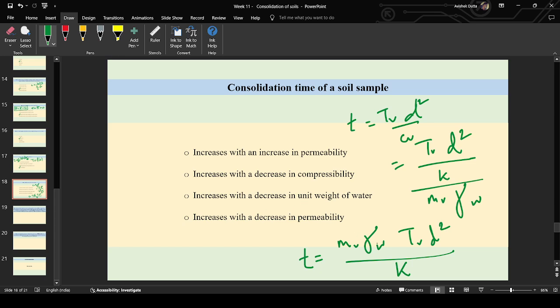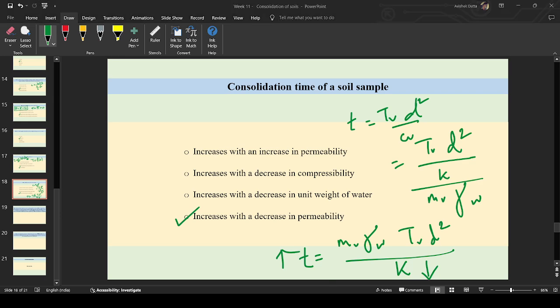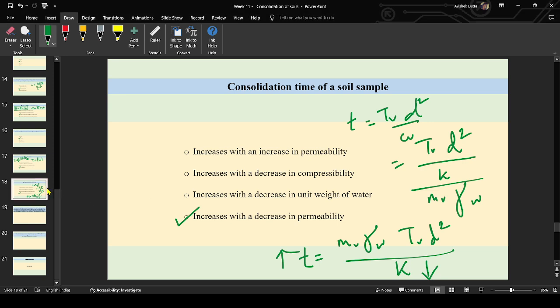With a decrease in the unit weight of water, time will also decrease. This is also wrong. Now the last option: a decrease in permeability will cause an increase in time. Only this is correct. Could you follow? Yes, sir. Clear. So consolidation time of a soil sample increases with a decrease in permeability. Okay. Next question.